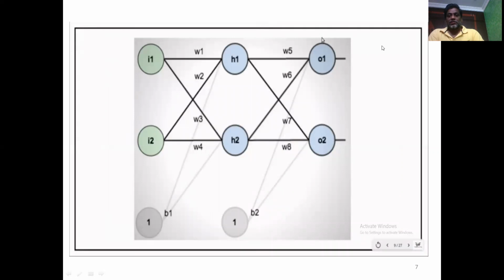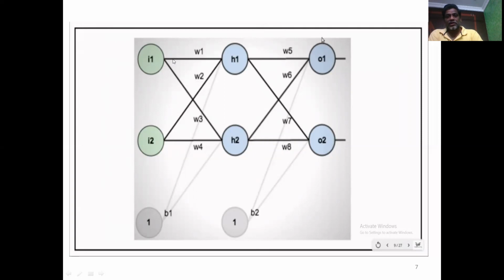Now, to understand our backpropagation algorithm, imagine a simple feed-forward neural network, something like this, in which we have three layers. One is the input layer with two neurons I1 and I2. One hidden layer with two neurons H1 and H2. O1 and O2 are output neurons in the output layer.